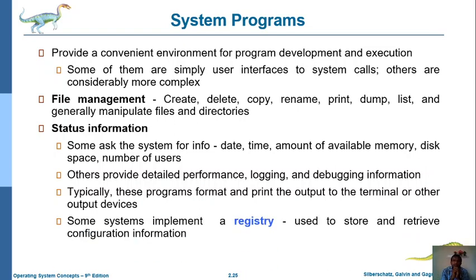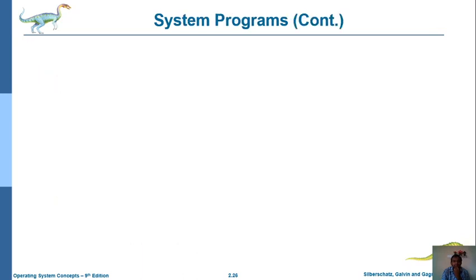For example, to know the currently used register memory, or the configuration information related to that device, in rare cases we use such system programs. All these belong to the status information: registry information, memory information, login info, log details, the date, and the available memory. For that purpose we are using the status information.